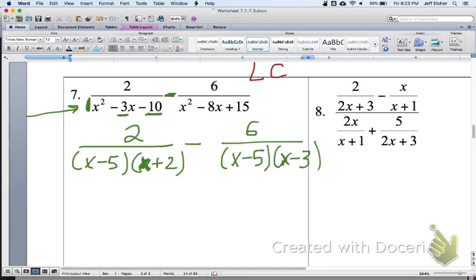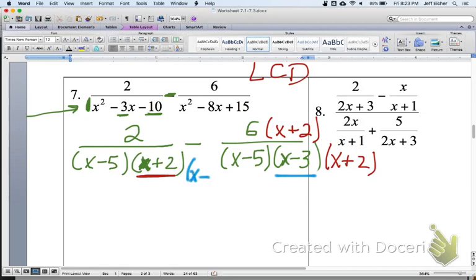Again, we need a lowest common denominator, lowest common multiple. This one right here has x plus 2, so we need to multiply this one by x plus 2 in the top and the bottom. And this one has an x minus 3, so we need to multiply this by x minus 3 in the top and the bottom.